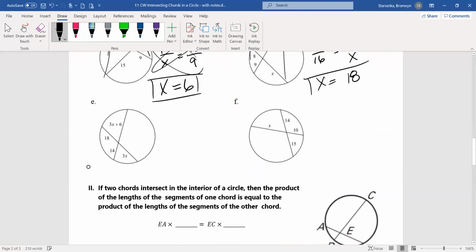Okay, here we go. This is where it's going to start getting a little tricky. It's going to be 18 over 3x plus 6 equals 14 over 3x.